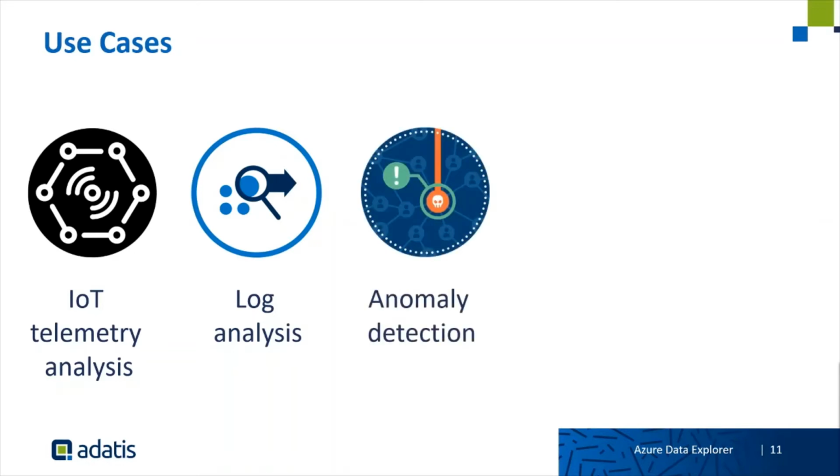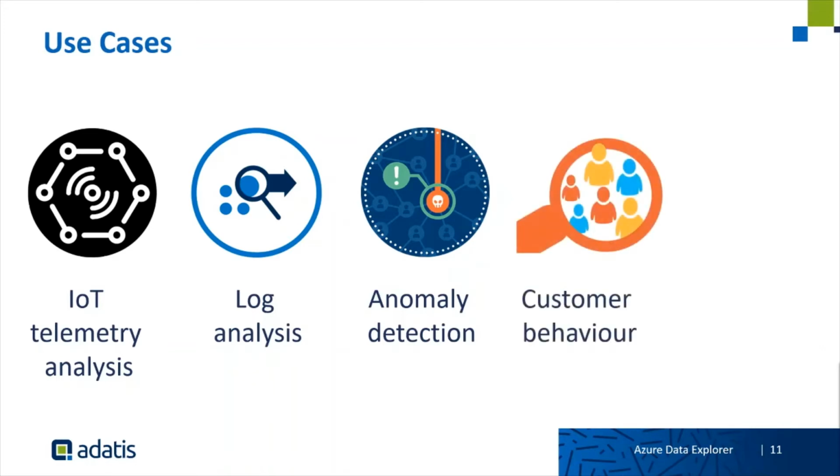Anomaly detection. If anyone wants to check for suspicious behavior within any system or e-commerce website, for instance, this is quite a good scenario. Customer behaviors can also be analyzed, for instance, understanding seasonal trends and predicting spikes based on historical and current data.